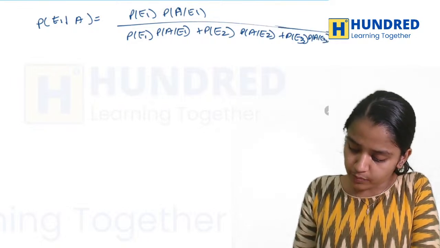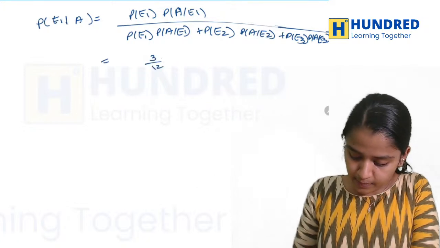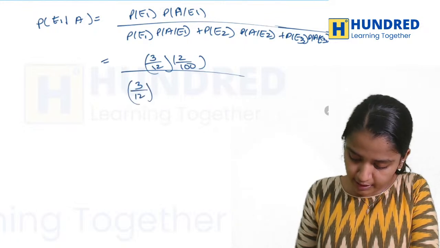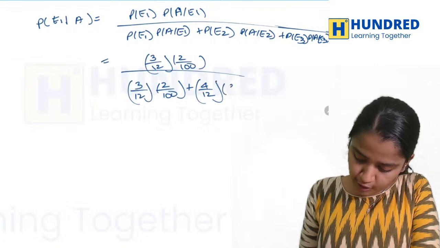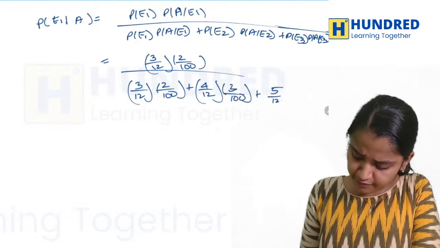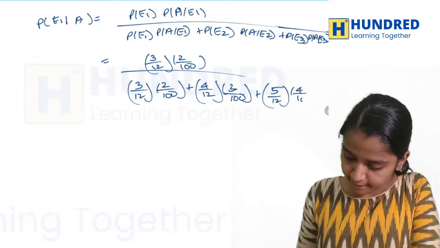That is how you'll be doing. Now what happens? You'll be having 3 by 12, 2 by 100 divided by 3 by 12, 2 by 100 plus 4 by 12, 3 by 100 plus 5 by 12, 4 by 100.